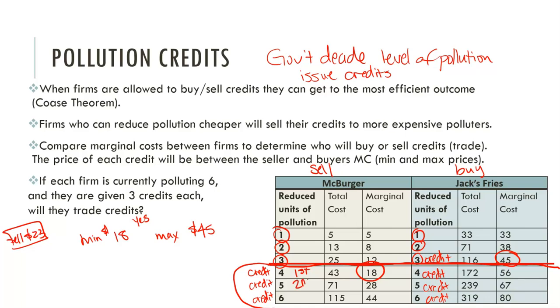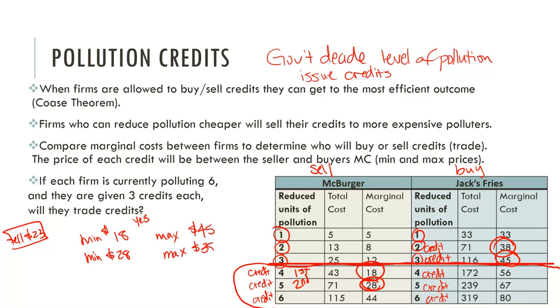So if McBurger sells his second credit, it's going to cost him 28. So the minimum he'd be willing to sell it for is 28. And Jack, they would use it on this second unit of pollution. So instead of reducing that second one, they would use a credit. Currently, they are paying $38.